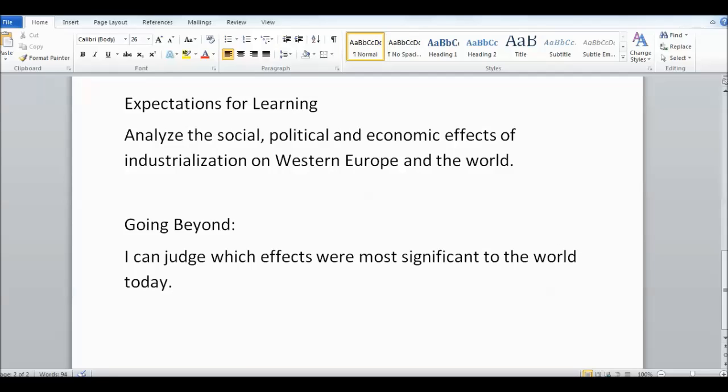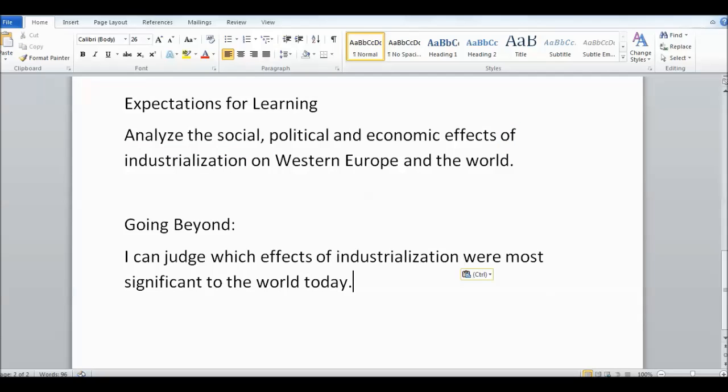And I probably want to grab some of the language here. Which effects of industrialization were most significant to the world today?